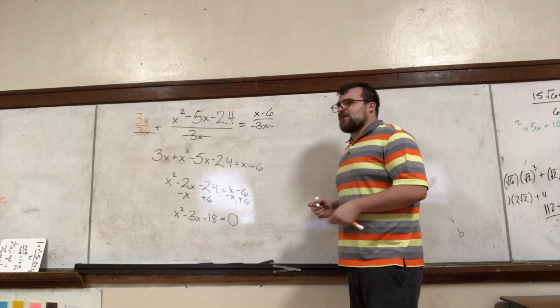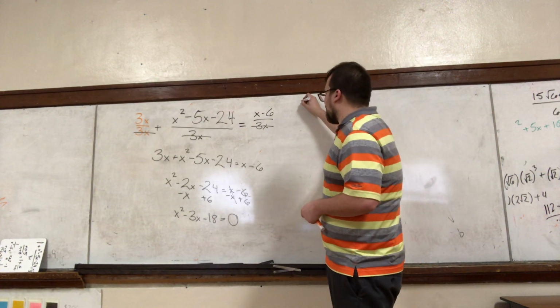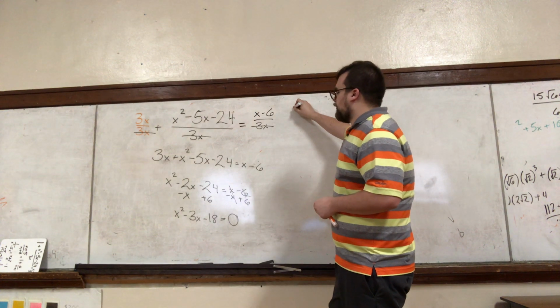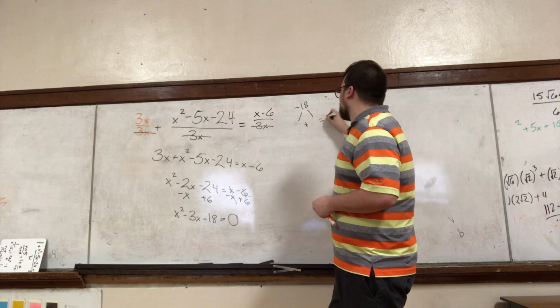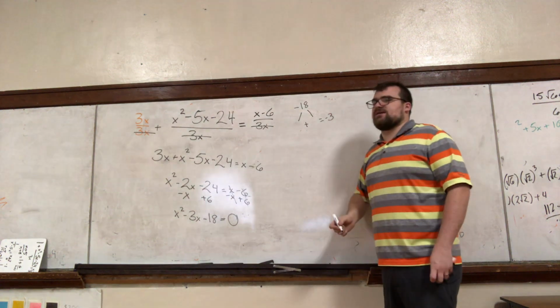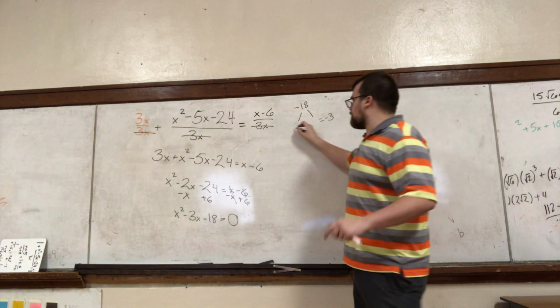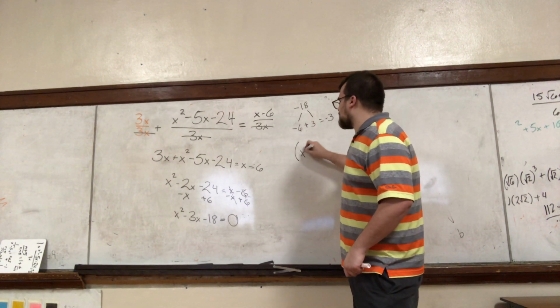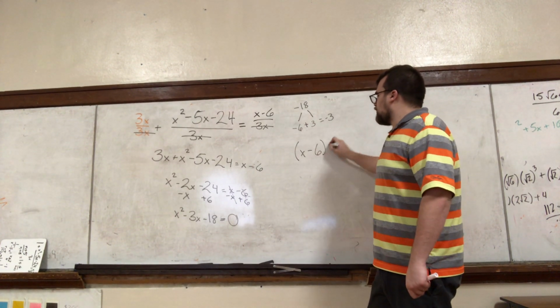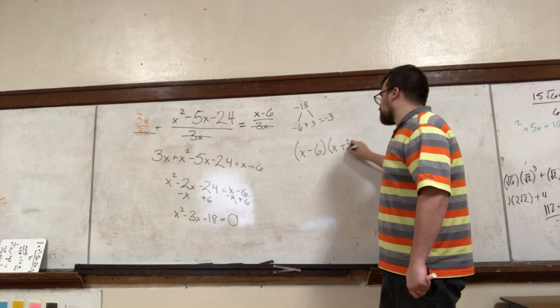So if we want to factor this, we need factors of what number? Negative 18. That add up to? Negative 3. What are factors of negative 18 that add to negative 3? Negative 6, positive 3. Spot on. So my two factors are going to be x minus 6, x plus 3.